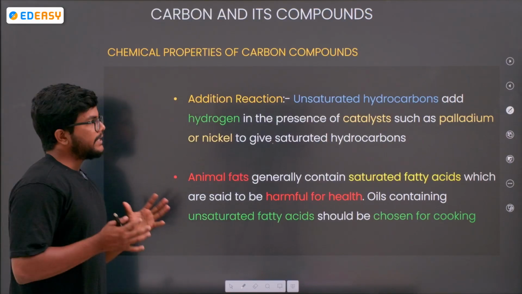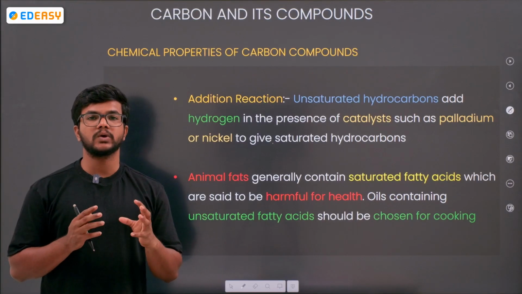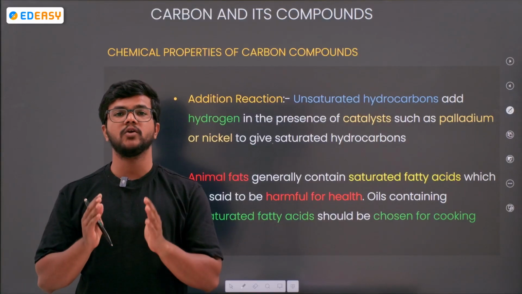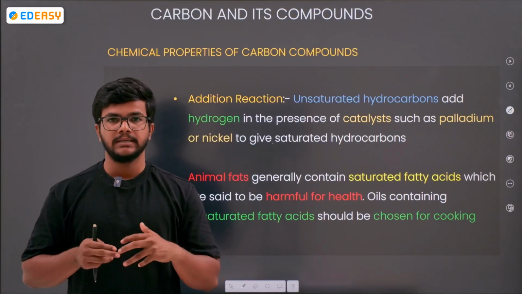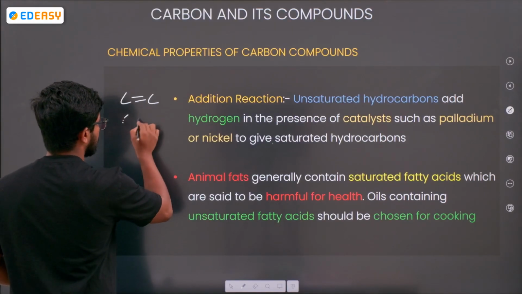So why are saturated hydrocarbons not participating in the reaction? Saturated hydrocarbons do not participate because they have a sufficient number of single bonds around them, whereas unsaturated ones have double or triple bonds.